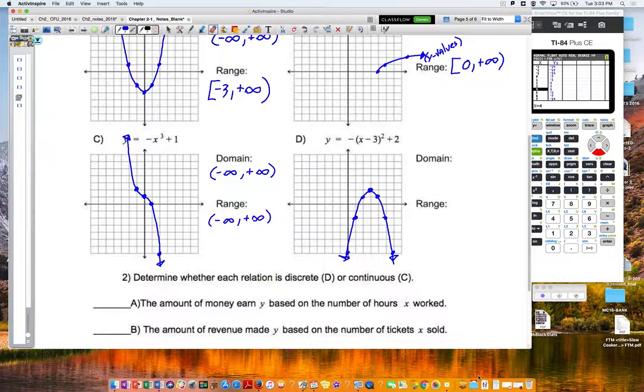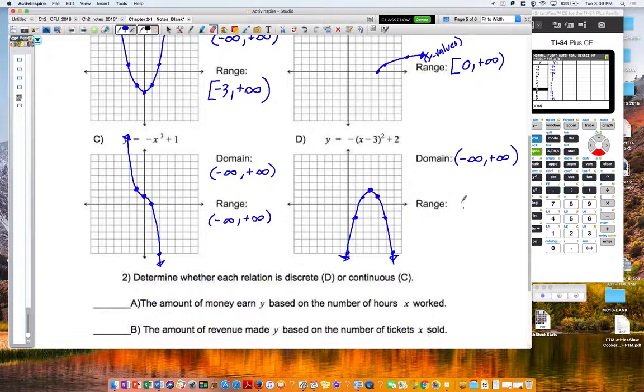So just like the other parabolas, you'll notice that there's usually no restriction on the x values. So negative infinity to positive infinity. But my range, notice how the first one went from -3 up. This one is starting at 2 and going down.